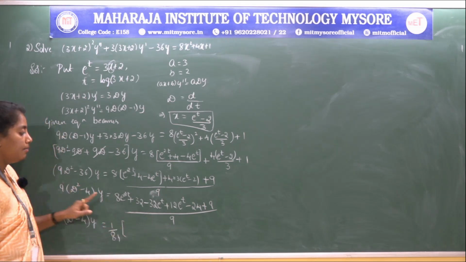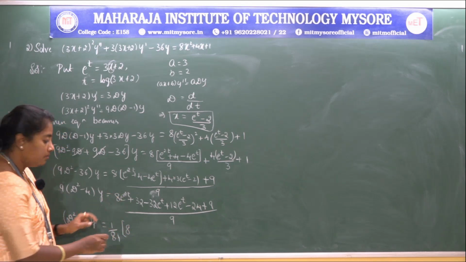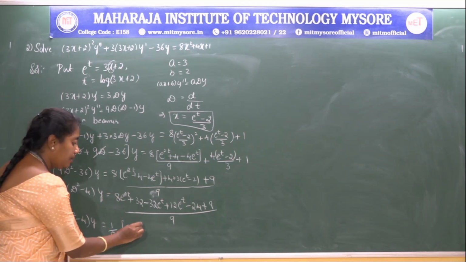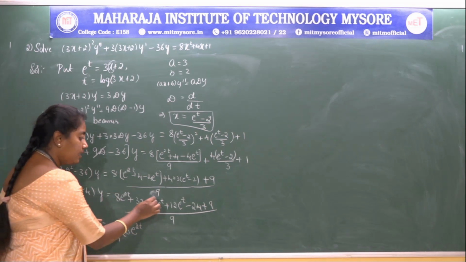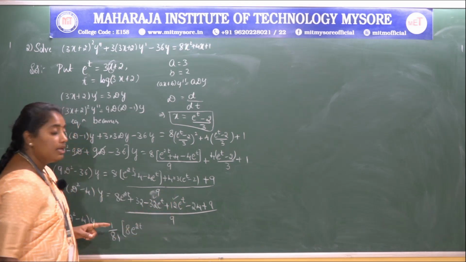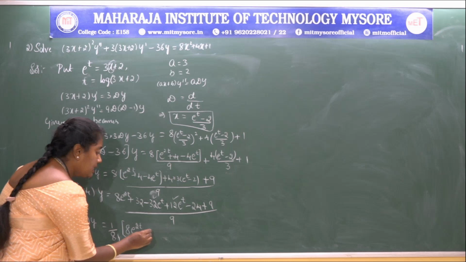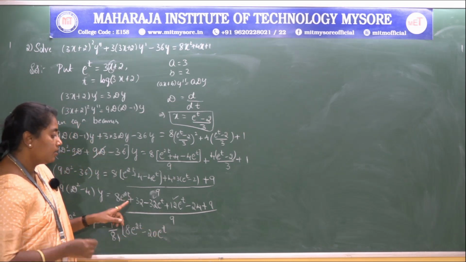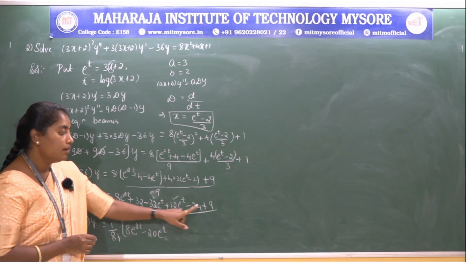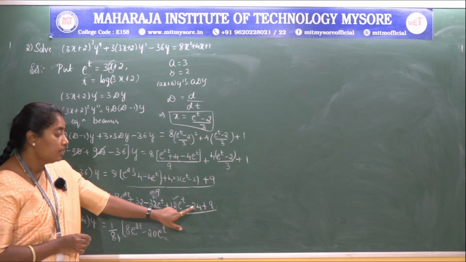So remaining element e power of 2t, this is the only term which contains 2 as a power, 8 into e power of 2t, and the terms containing e power of t is minus 32 plus 12. Minus 32 plus 12 is minus 20 e power of t. Remaining constant term 32 plus 9 minus 24.